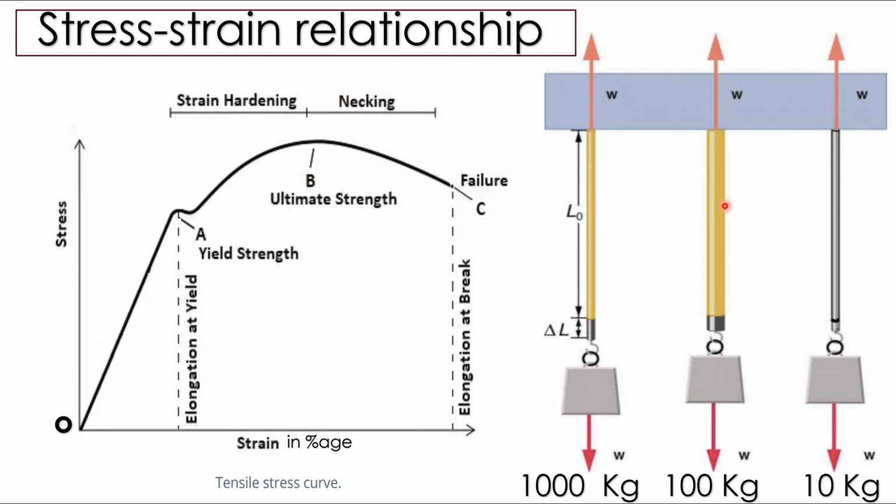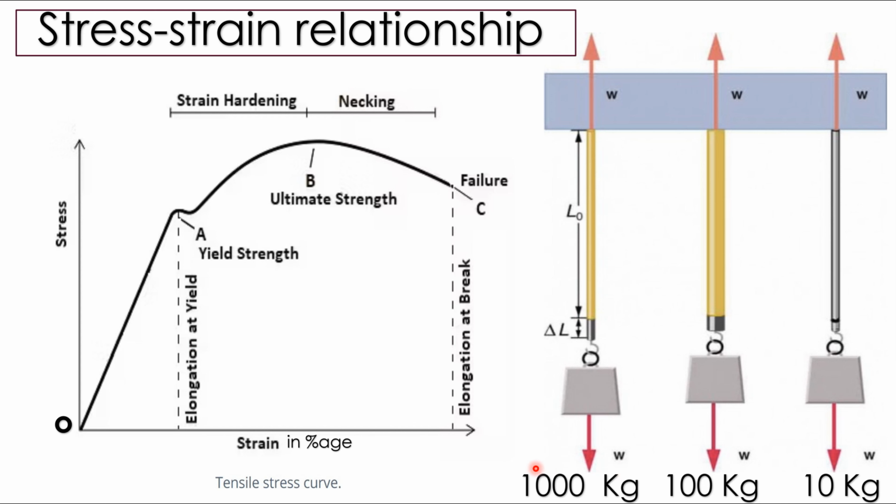This is called elastic deformation, and in the stress-strain diagram it is denoted from point O to point A. This straight relationship from O to A is called the elastic region or elastic deformation, and it is a linear relationship between stress and strain. We'll discuss this linear relationship further in the next slides.